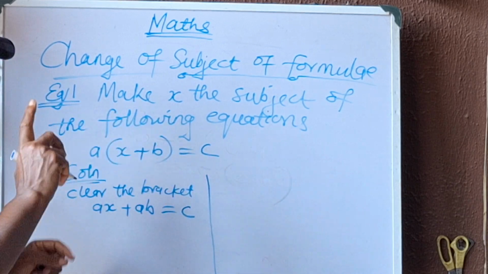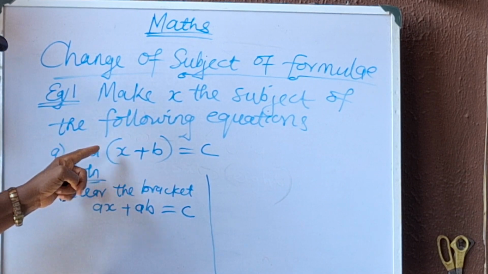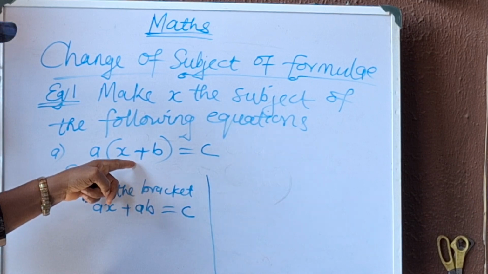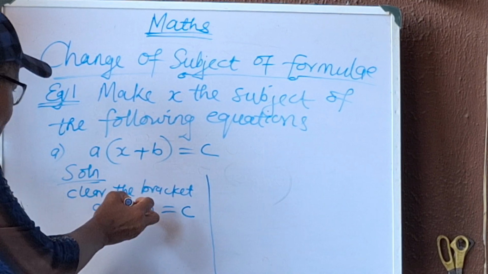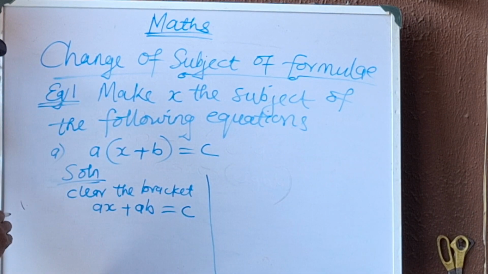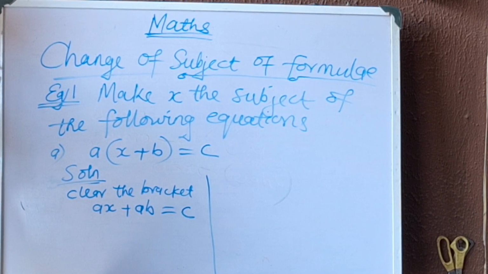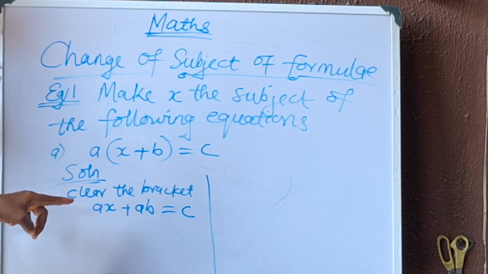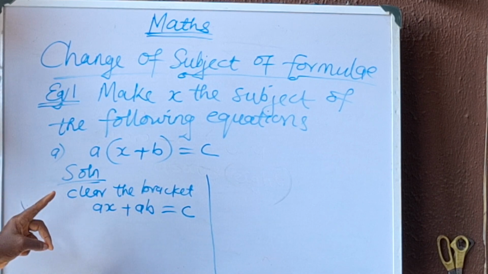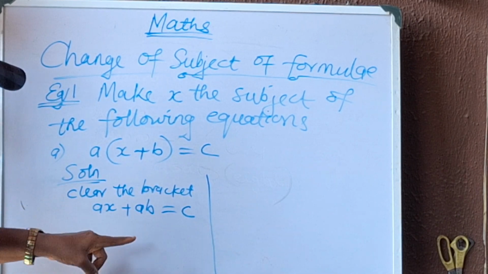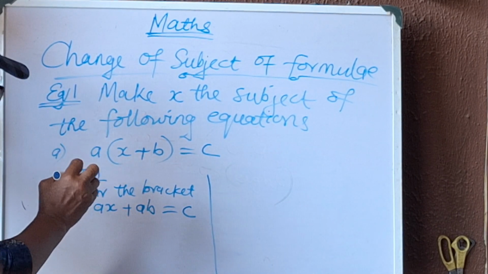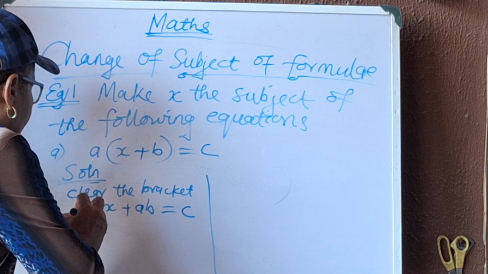So we have cleared the brackets by multiplying a by the items inside the bracket, giving us ax plus ab equals c. Now what is the next stage? The next stage is to rearrange in such a way that x stands on one side of the equation.